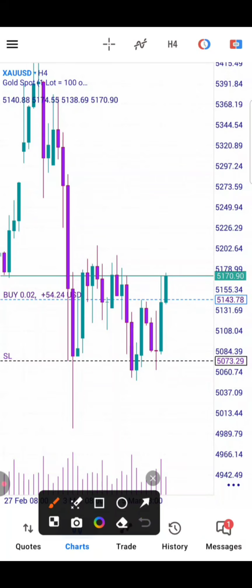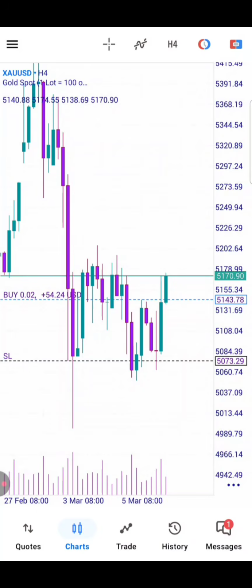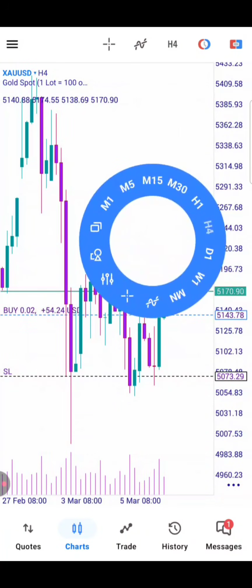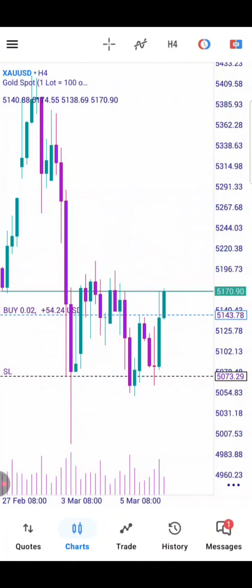Because you should write this somewhere, that price will not break structure on the higher time frame unless it intends to reverse or it is consolidating. Higher time frame, because you open the chart, you tap your screen, and then you choose the H4, which represents the 4-hour, right?